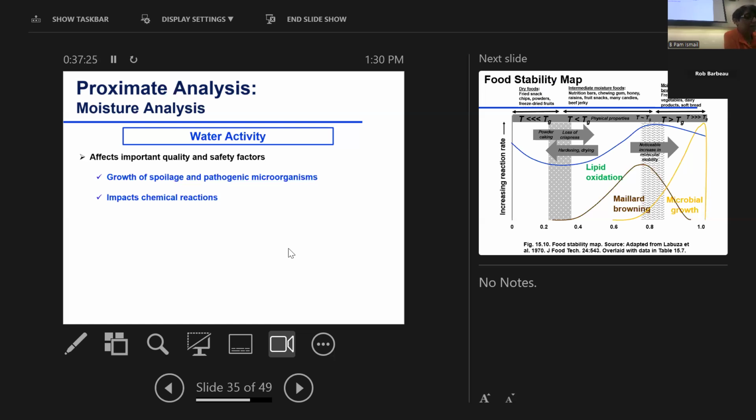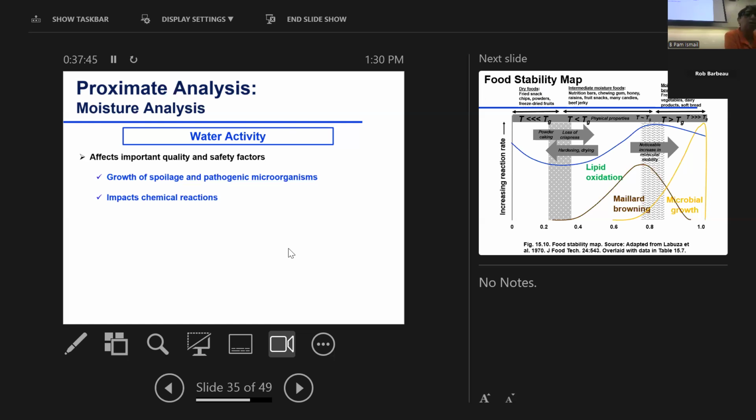So water activity is important for quality and safety. Quality, because water activity affects texture. So texture is important. And also spoilage microorganisms, color, flavor.